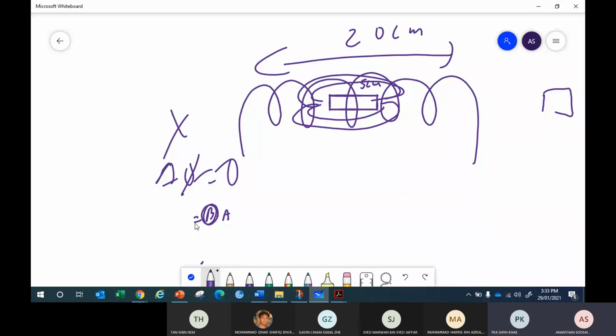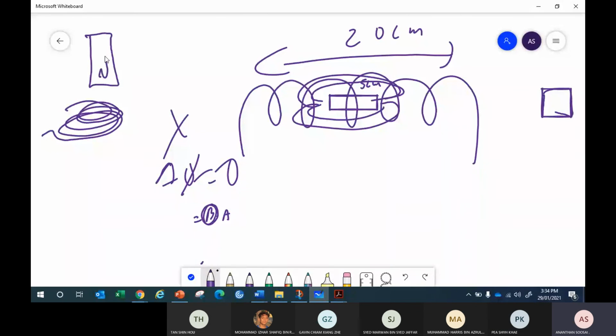Then teacher, let's say when the magnet moves from left to right, won't there be a magnetic field induced in the current to resist the movement of the magnet towards the right, and then induce another current? You have a coil like this, too small, and the magnet is huge, north south, goes in, opposes.